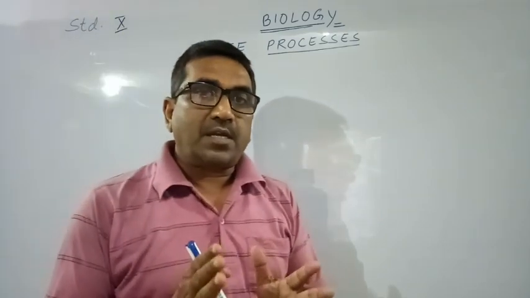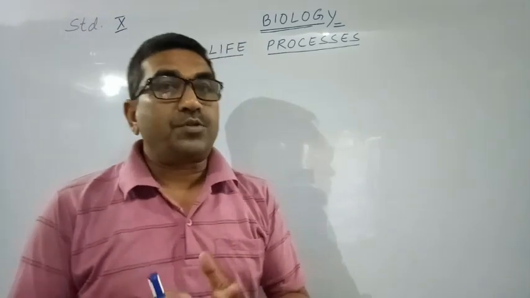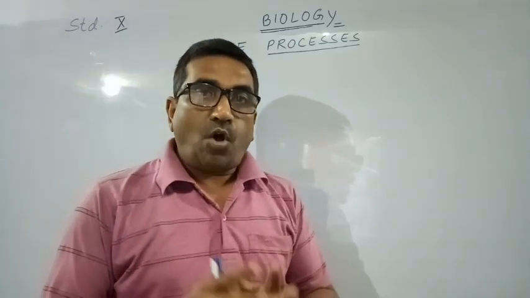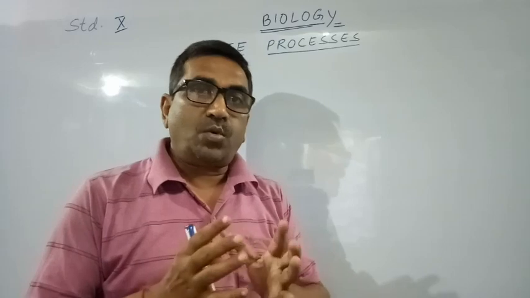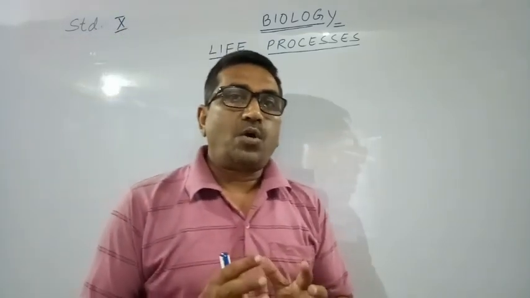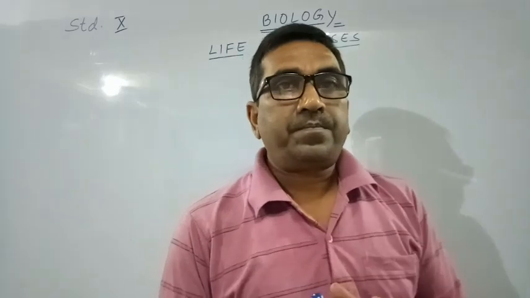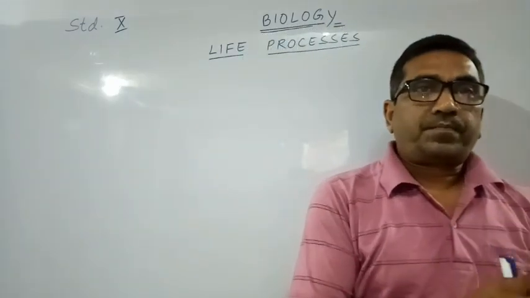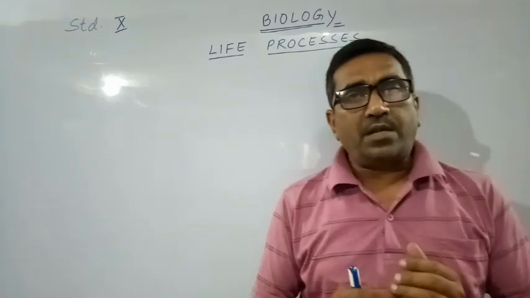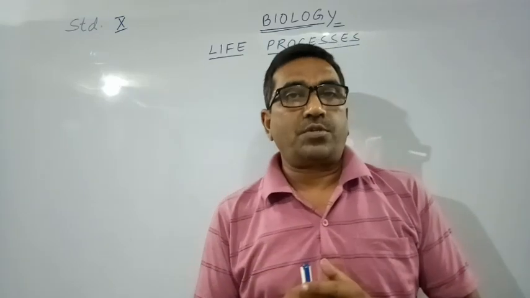Human digestion is the heterotrophic mode of nutrition, in which organisms do not prepare their own food. They depend directly or indirectly on the autotrophs. Why am I saying directly or indirectly?